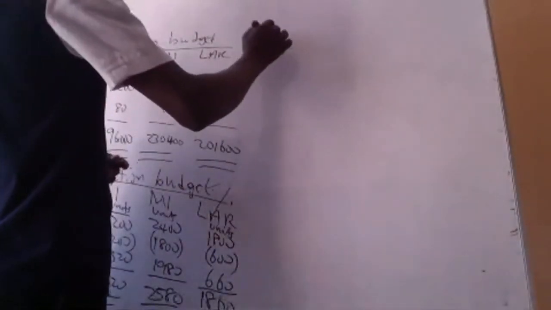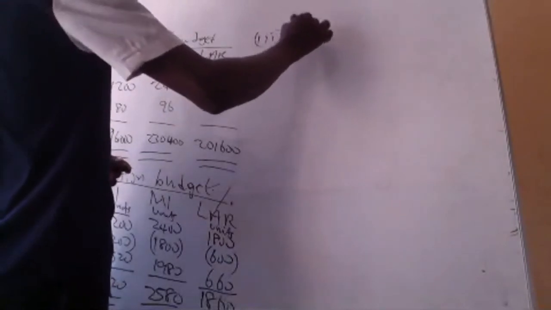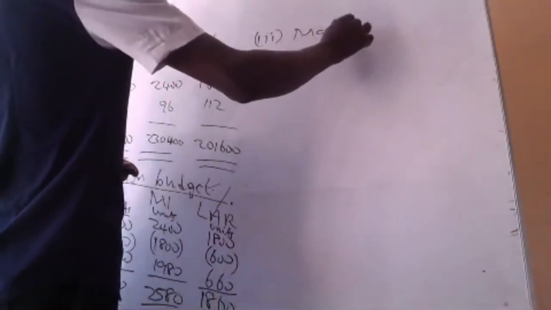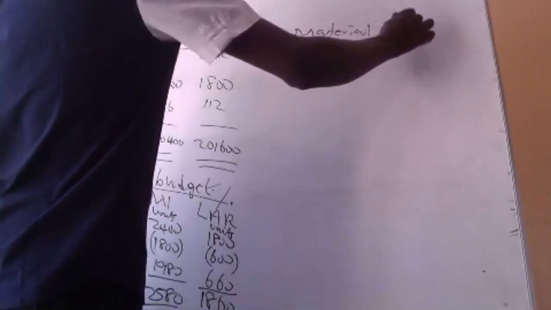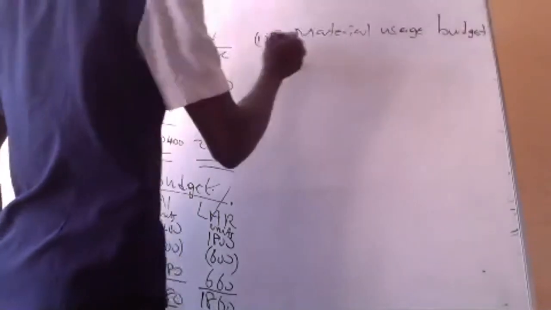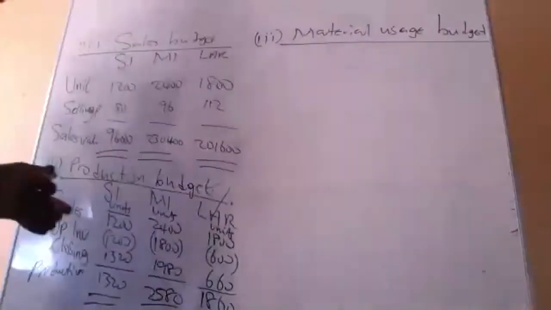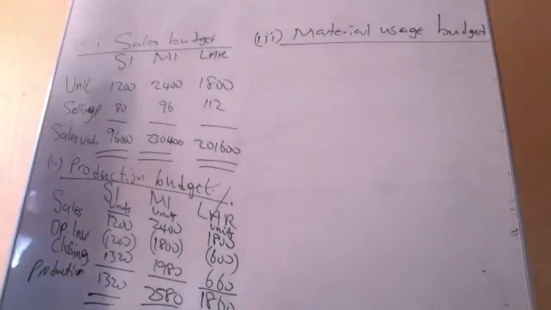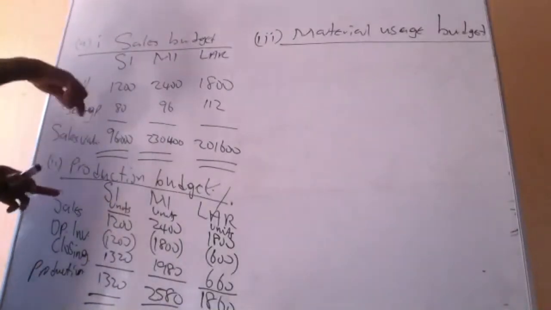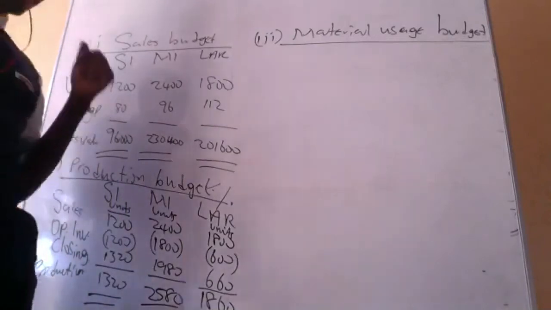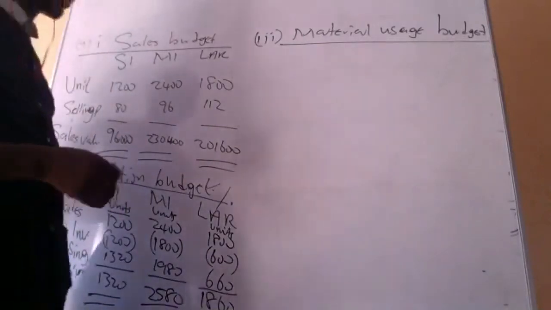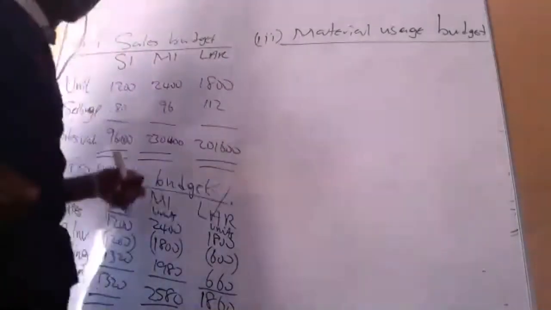Good. So that's the material usage budget. Here they've mentioned material, so the heading should be material, unlike production units. So what are the materials in the question? What are the materials that we need?